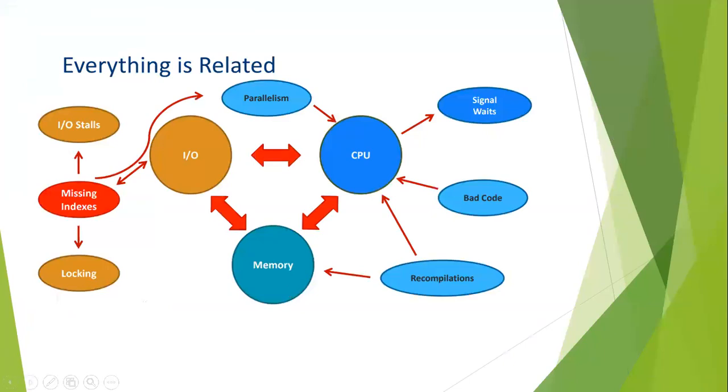And this is just high level, right? Everything is related. If the CPU is high, it can be parallelism, memory, excessive recompilations, or bad execution, whatever it is. Everything is relevant in your SQL Server. If your CPU is high, it can be anything: a memory issue causing a CPU spike, high CPU because of IO, or high CPU utilization because of parallel execution.